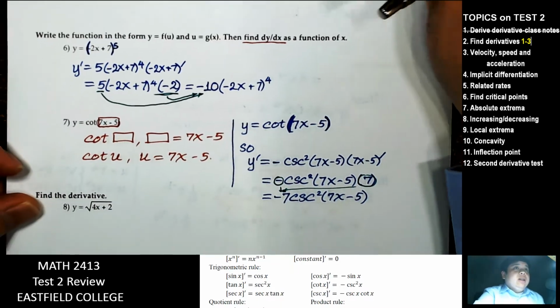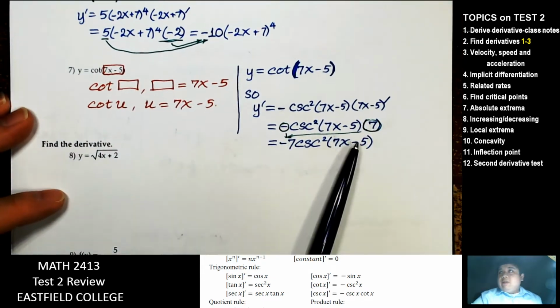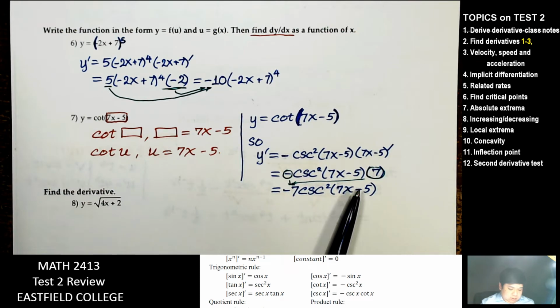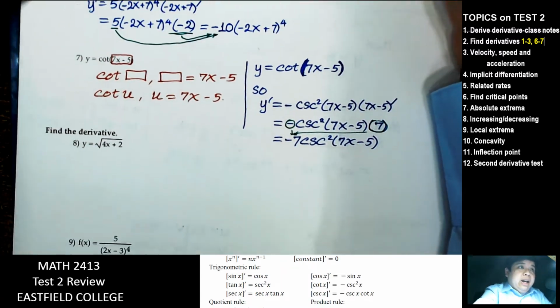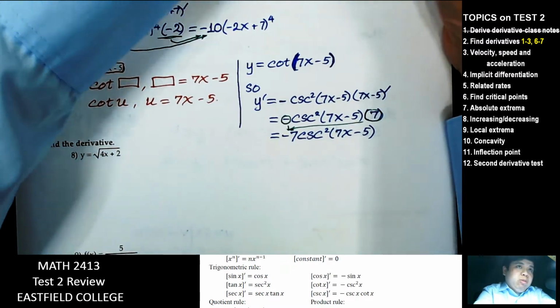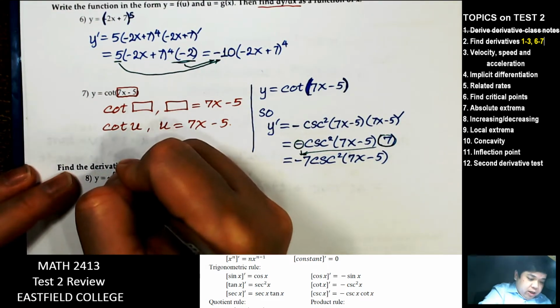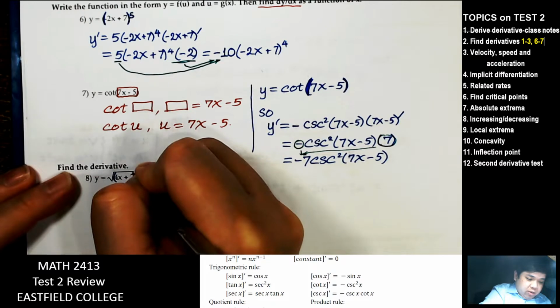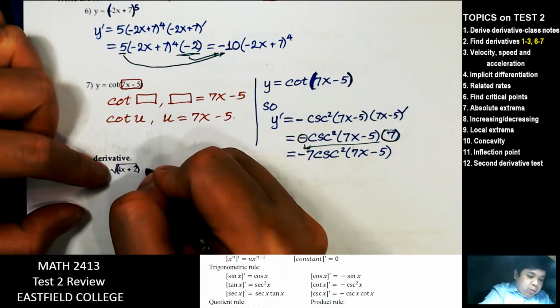Right. 8 and 9. That was 6 and 7. 8 and 9, but we'll do some of it. I may not finish. So square root of 4x plus 2, we can pretty much put the parentheses around it. And then we see the square root of the parentheses.